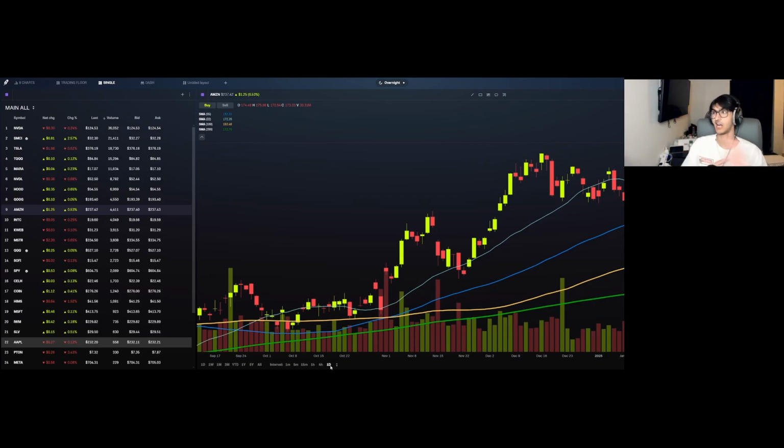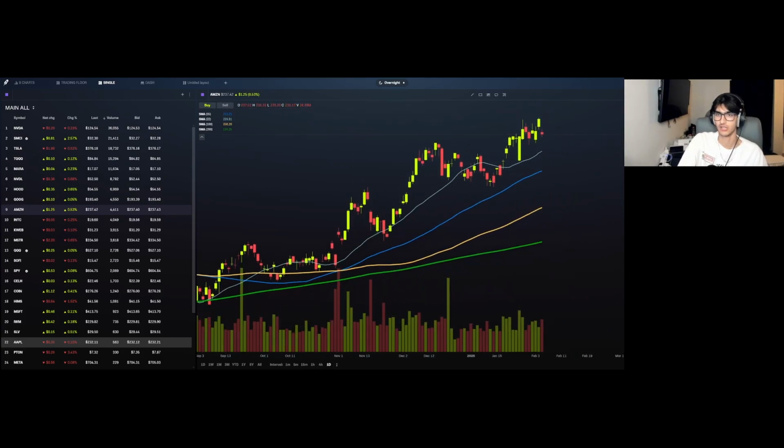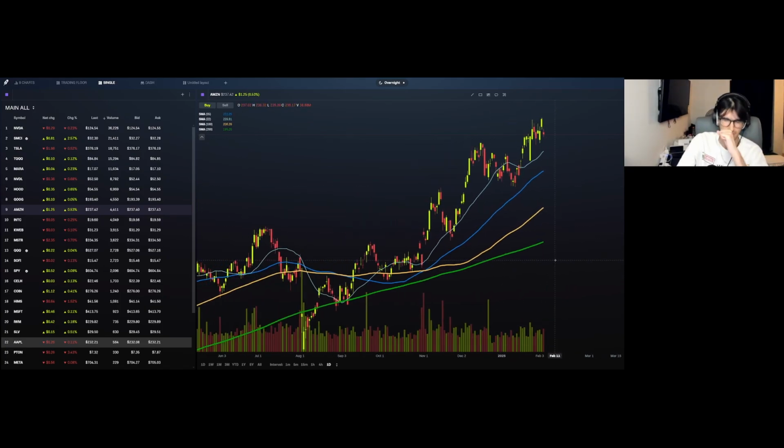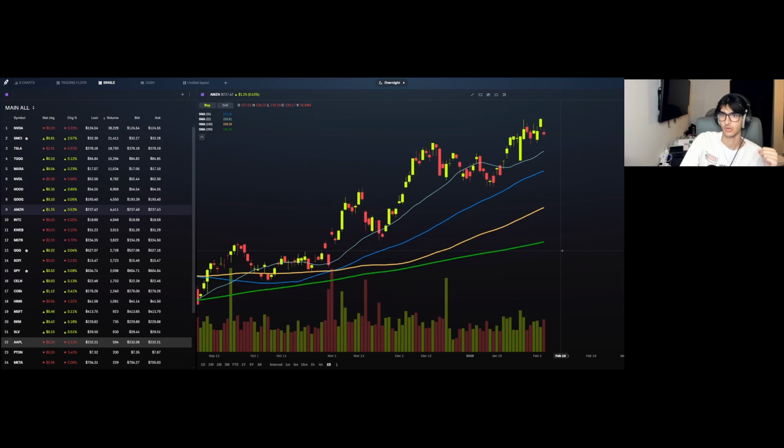Below it, the stocks that we've looked at, I've told you my opinions on. Nvidia, it's good that it's held, but what I'm looking for is something like this. This is above every single SMA. This is what I like.